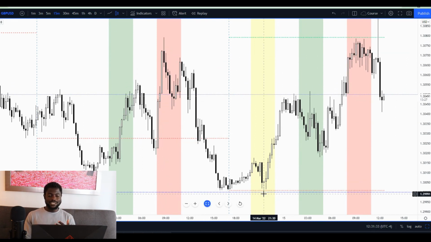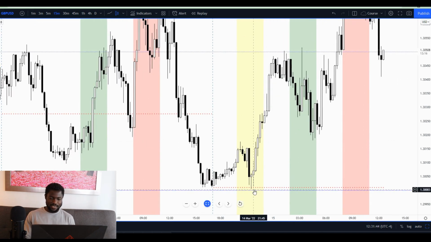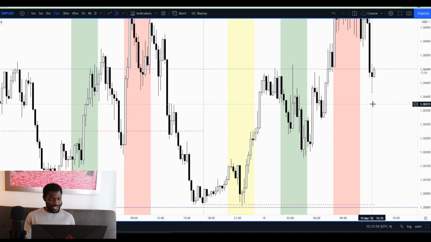So you can imagine how many people are placing their sell stop orders below this level, expecting a follow through. But guess what? Price hits their entries and then puts them in serious losing positions. If they don't have a stop loss, this is where they blow their account. This is how people blow their accounts.